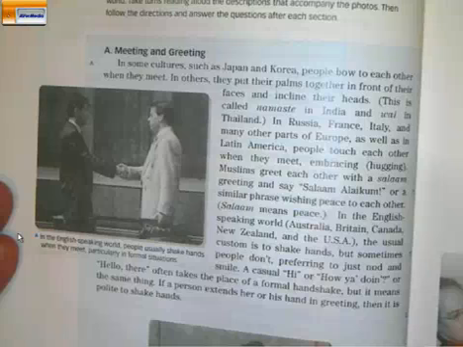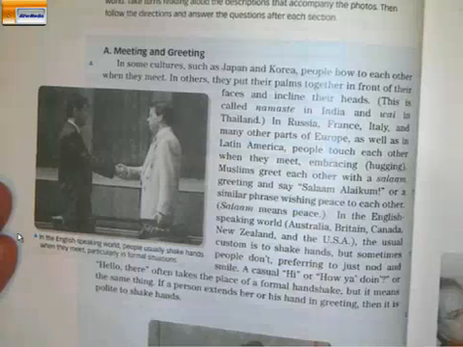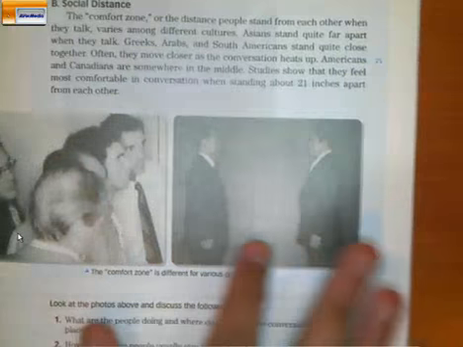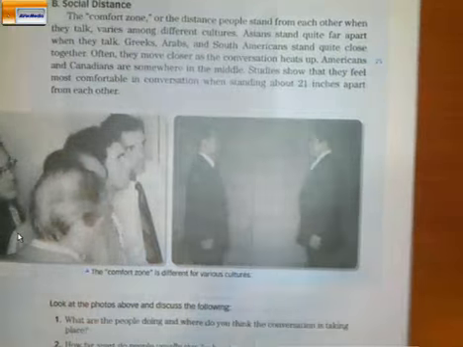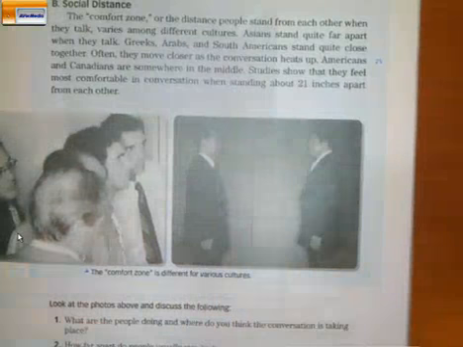We laugh sometimes, and we get closer to each other when we get excited. But in different cultures, like in the picture, they like to have this distance, the comfort zone or the social distance. They don't like to touch each other when they talk.